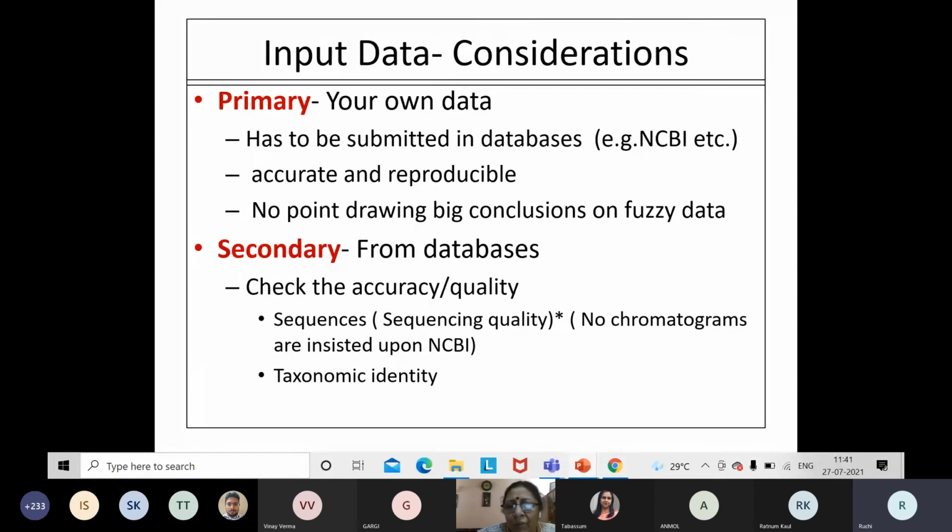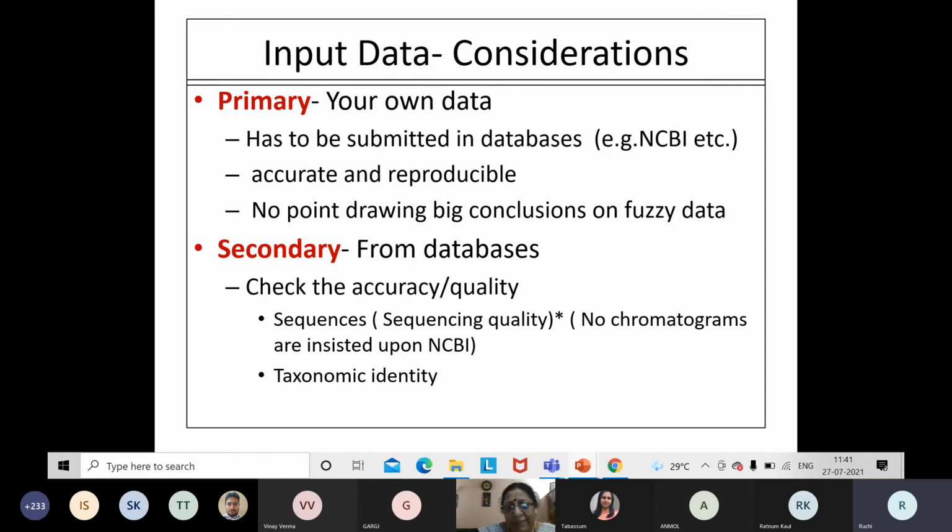When we say that the whole thing is on the foundation of data, when we do bioinformatics or use bioinformatic analysis in our research, there are 2 kinds of data we are handling: either primary data or secondary data. Primary data means we have done experiments in the lab, we have generated some raw data, and that is what we are now subjecting to bioinformatic analysis.